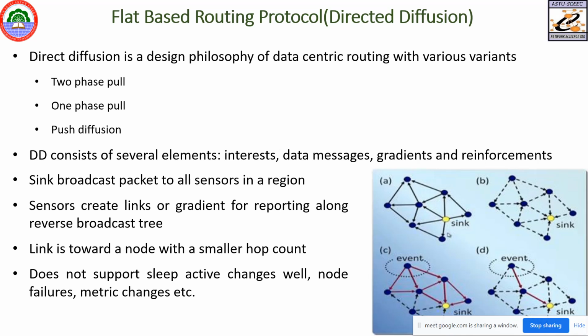So as we said, another category of protocol in flat-based routing is called direct diffusion. In this, three versions are there. It is also just like a SPIN protocol.